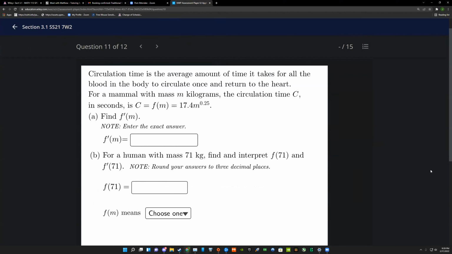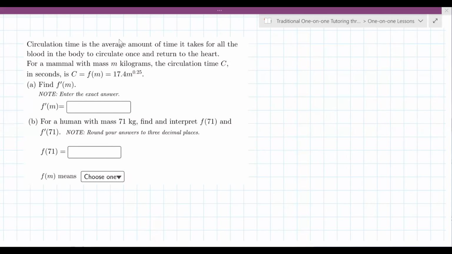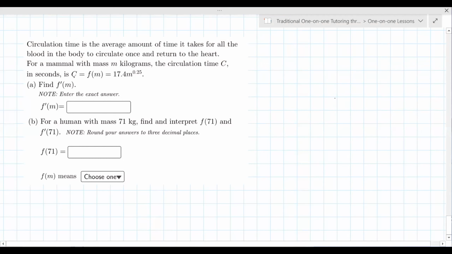Okay, let me snip this in. All right, again, you're given a function here. It says that C equals f of m, and f of m is 17.4 m to the 0.25 power.